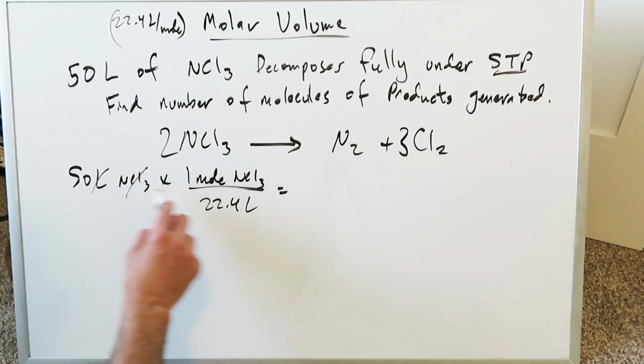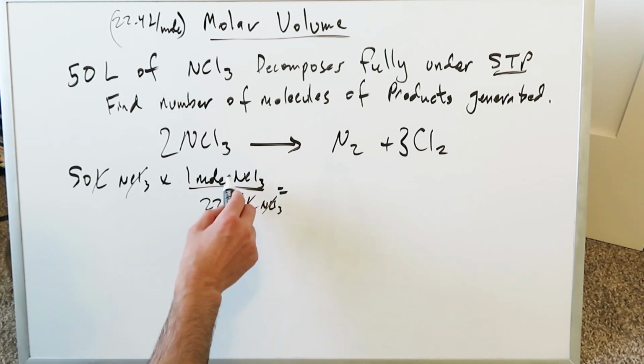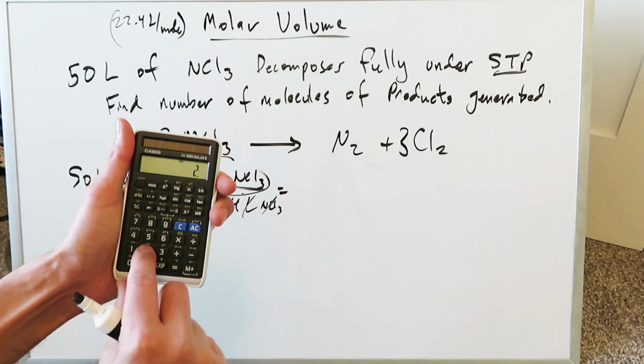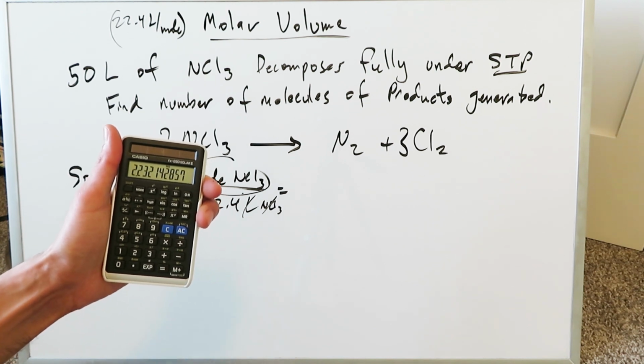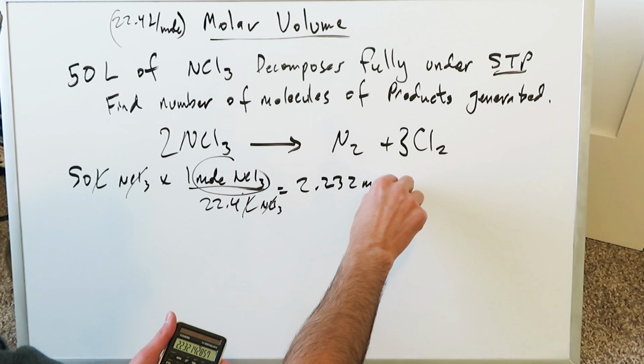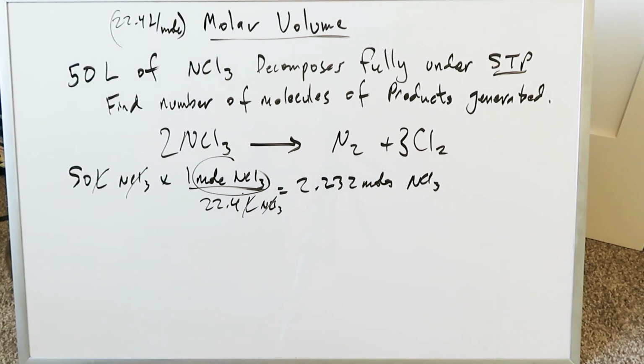These cancel out, and you would be left with only the moles of NCl3. 50 divided by 22.4, we can do that on the calculator, we have 2.232 moles NCl3.